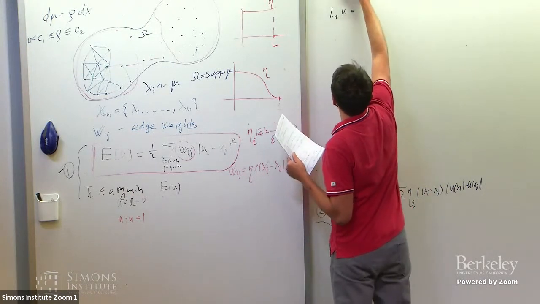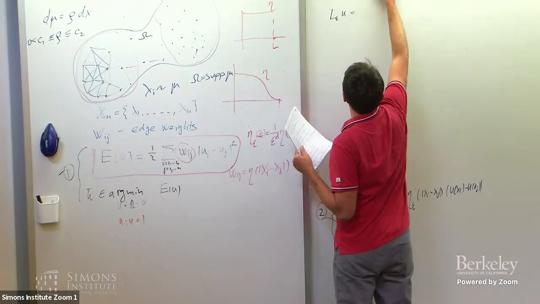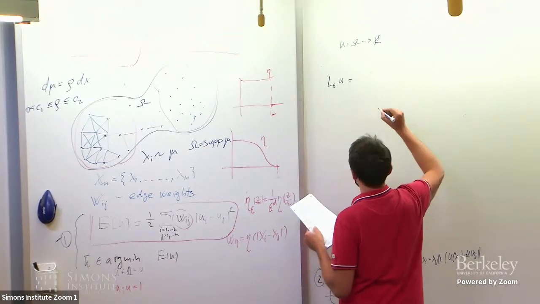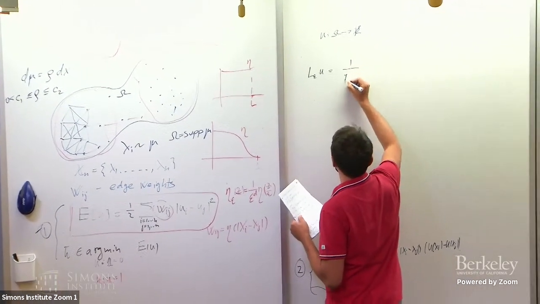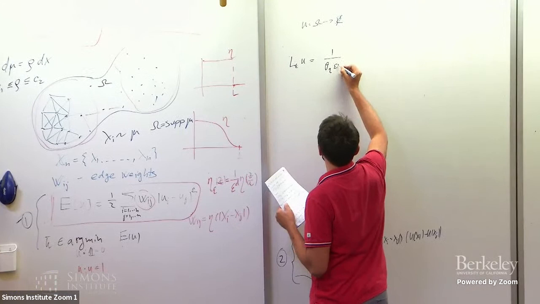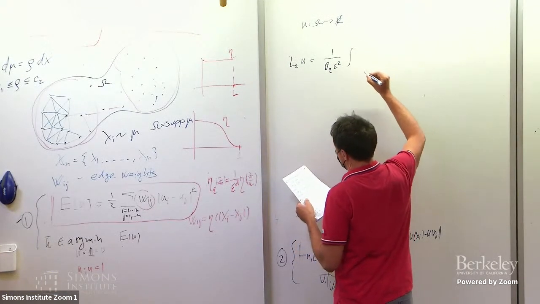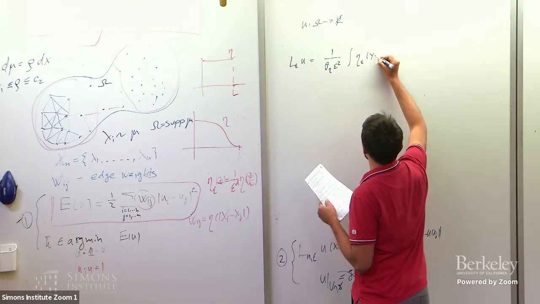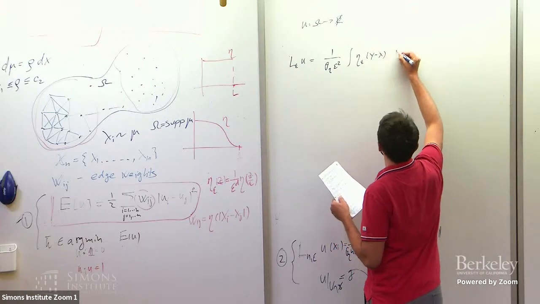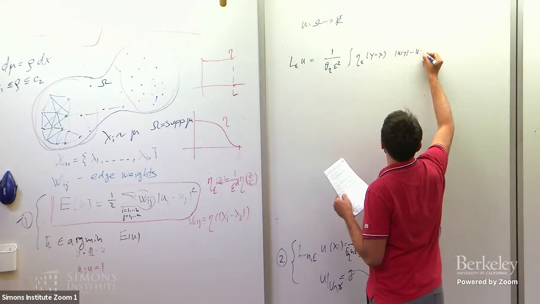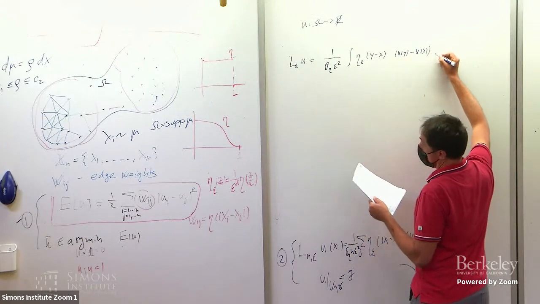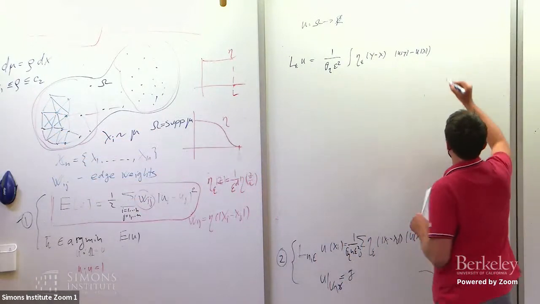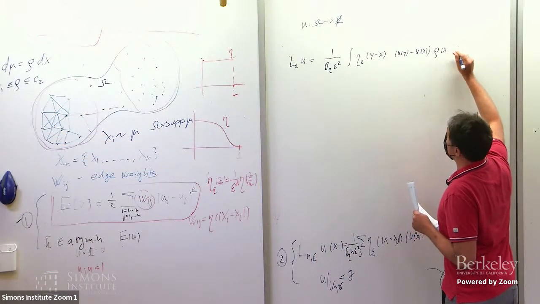If I have a function u which is defined everywhere on omega, then L epsilon of u would be 1 over sigma eta epsilon squared times the integral of eta epsilon of y minus x times u of y minus u of x. And I have that the density of mu is rho, so rho of y dy.